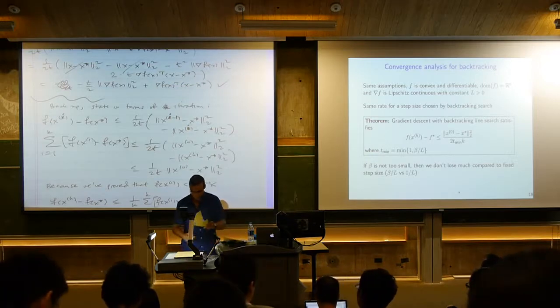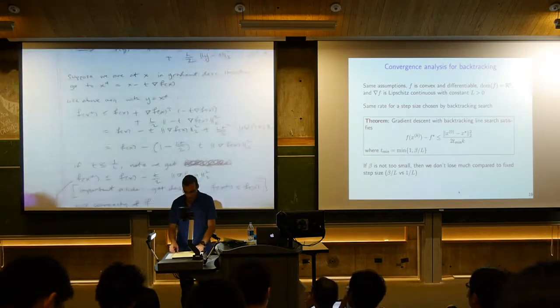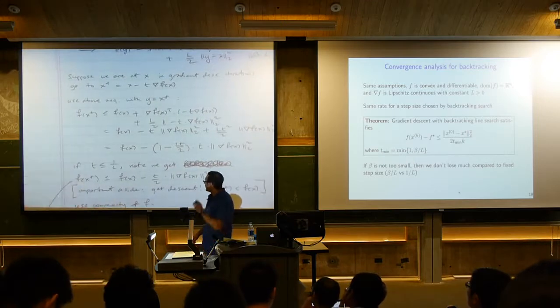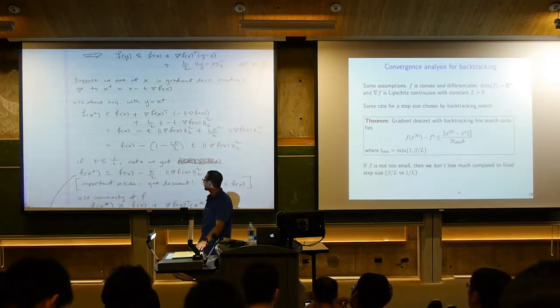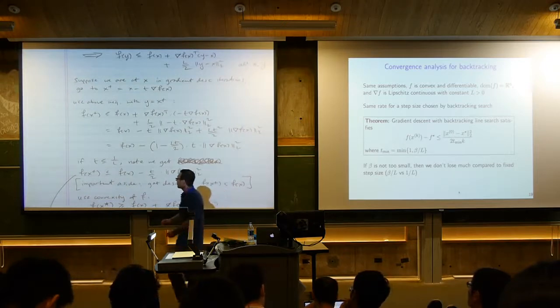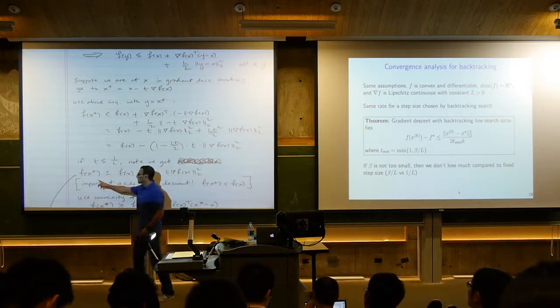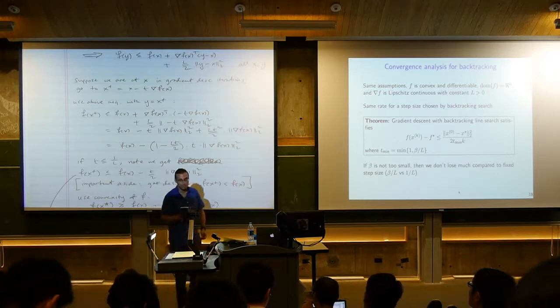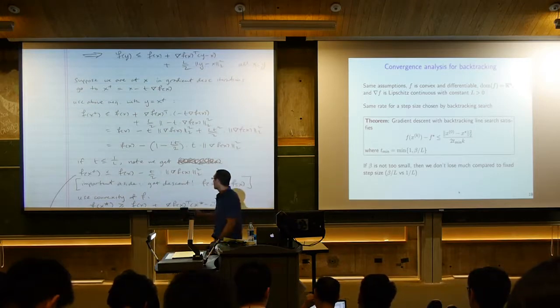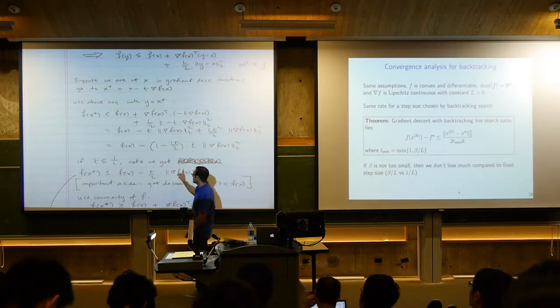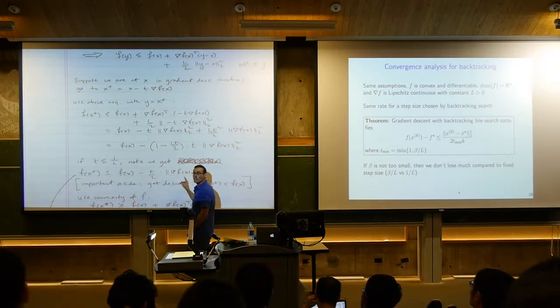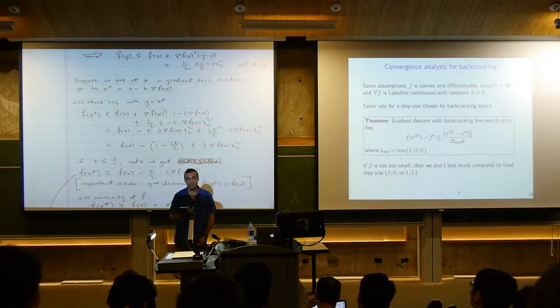If you remember, at the start of our analysis, we said that if the step size was less than or equal to 1 over L, then at every step, where we are compared to where we will be, we have this inequality: f of x plus is less than or equal to f of x minus t over 2 times the norm of the gradient squared. Now this can only be non-negative, so that gives us that inequality.